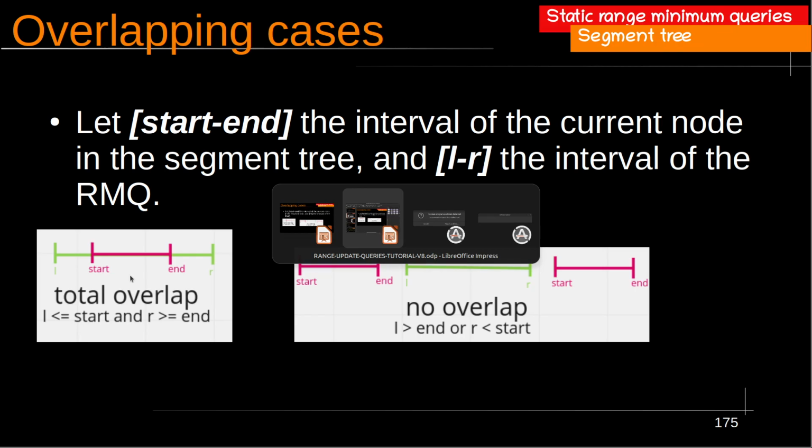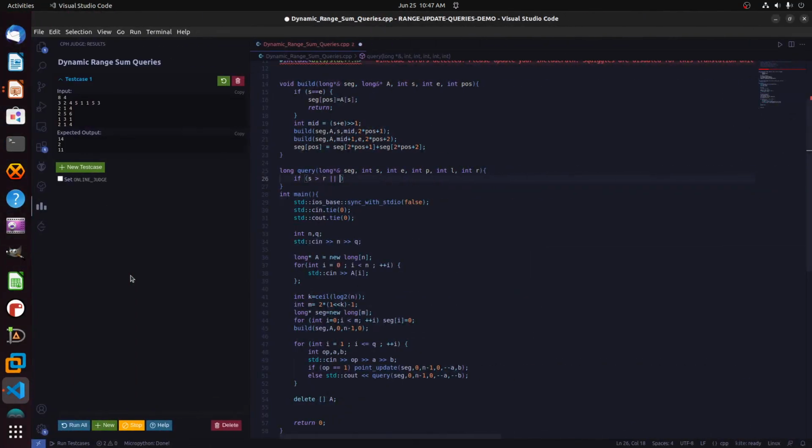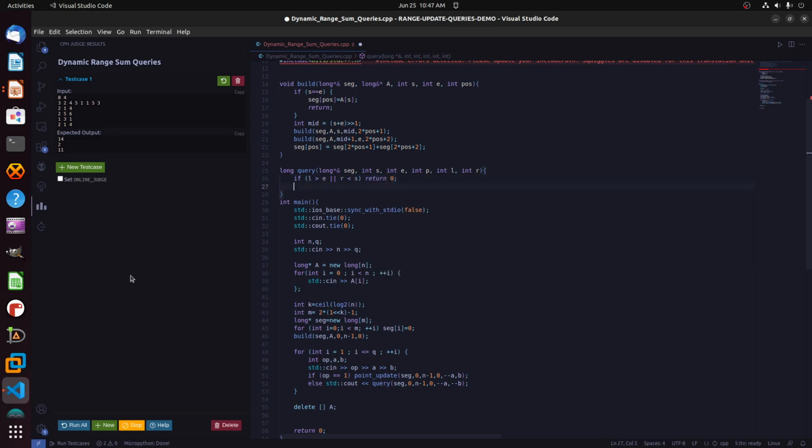Okay, let's come back to the code. Sorry guys, I forgot a lot here. So no overlap means the left boundary is greater than the end, or the right boundary is less than the start. Then we have to return 0, because we talk about the sum.